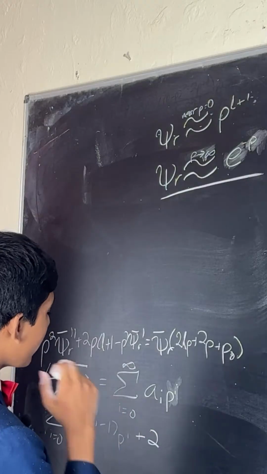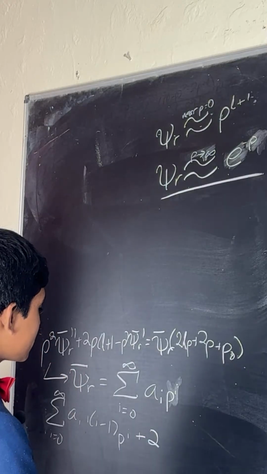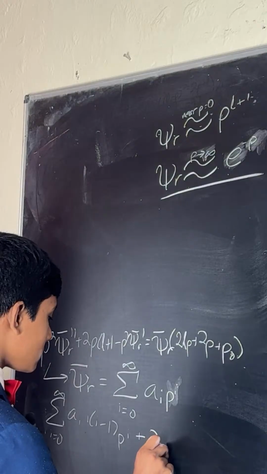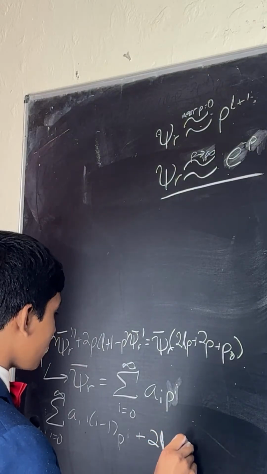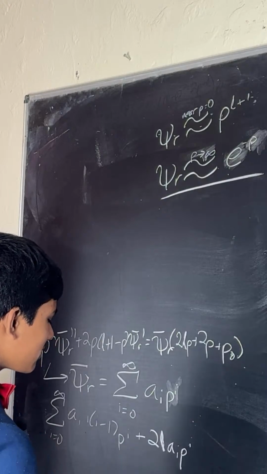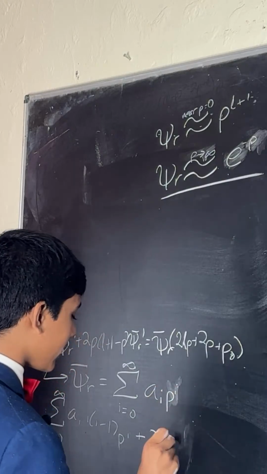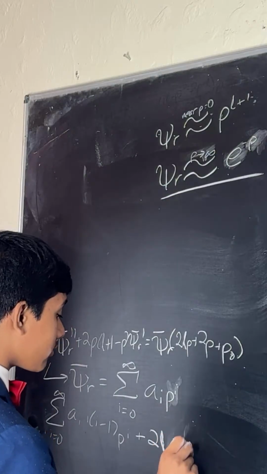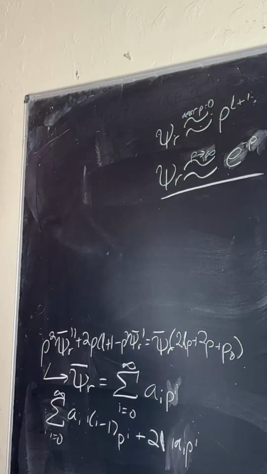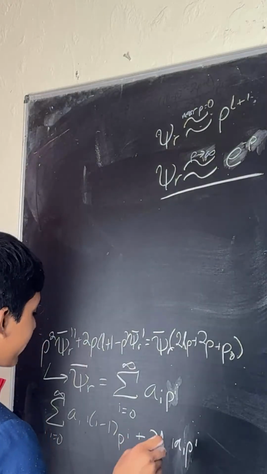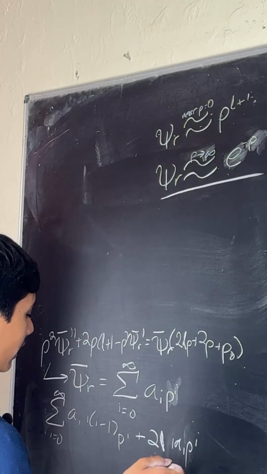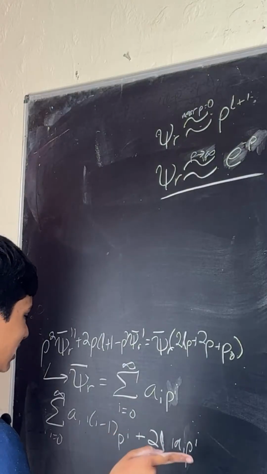2 times, how do I put this, 2L A I rho to the I. Oh crap, I just realized I is the imaginary unit, and that's super prevalent. Everything we're doing right now is real. Sorry. So 2L I A I rho to the I. Yeah, that sounds correct.